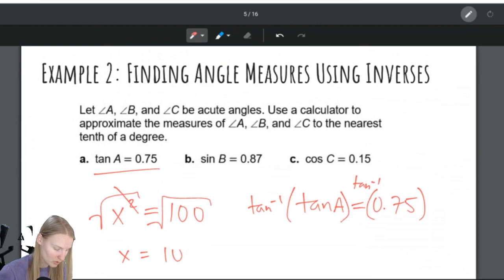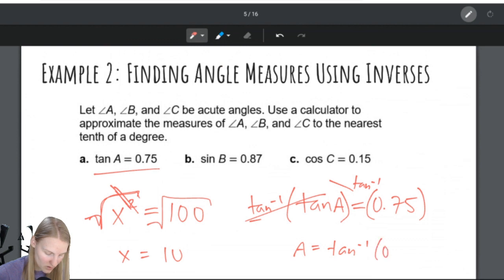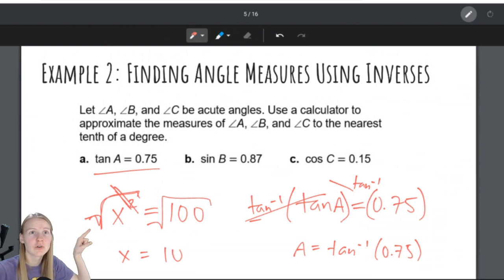So just like I took the square root of both sides here and it canceled out, here I'm going to take the tangent inverse of both sides, and that'll cancel out the tangents, and I'm just going to get A is equal to tangent inverse of 0.75. I do the opposite here to get rid of the square, and I'm doing the opposite of tangent to get rid of the tangent.